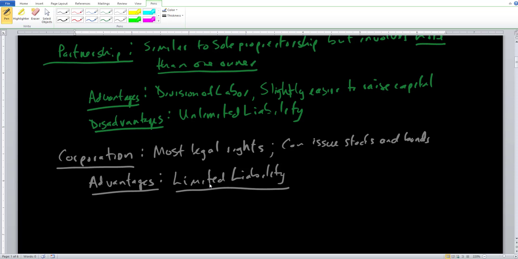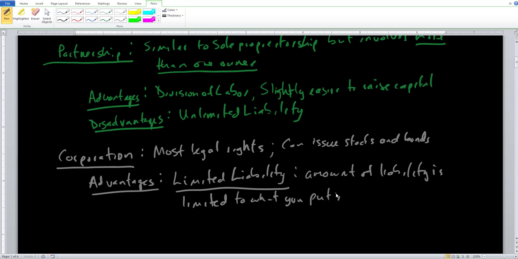The amount of liability you incur is limited, like the name implies, to what you put into the corporation.